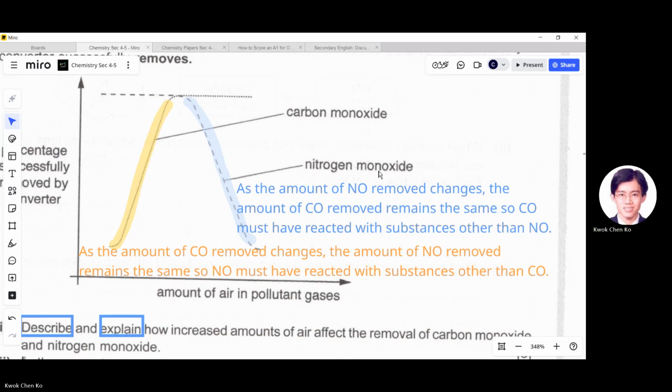Okay, so you can use both if you want to be comprehensive. I know it's a bit overkill for 1 mark, but then again, that is a comprehensive answer.